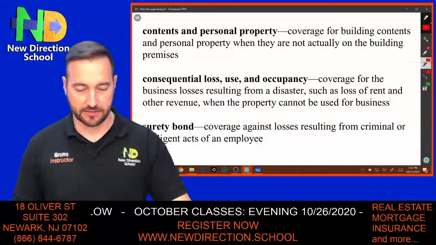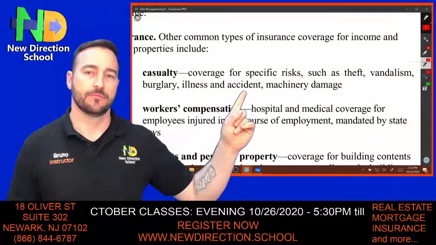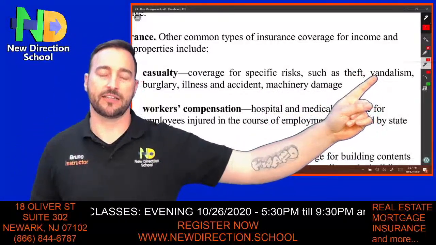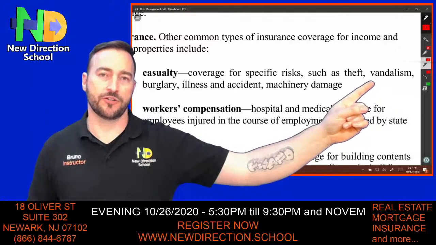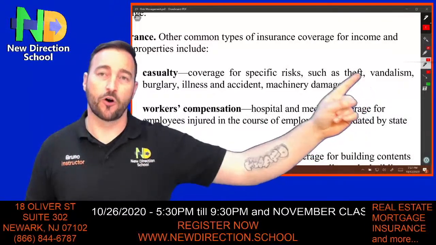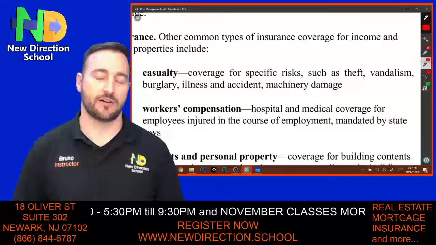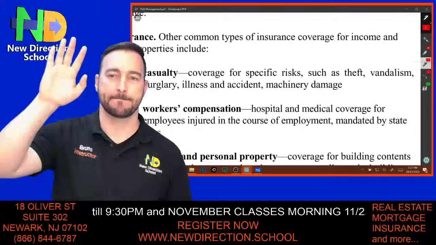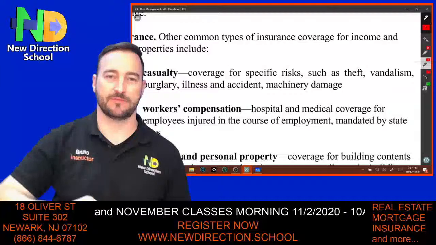For instance, let me go back to this. Casualty. Did you guys know that if a tenant leaves and destroys the apartment, you can put in a vandalism claim? Because that's what it is. So your homeowner's insurance could cover the repairs of your apartment. How many of you knew this? 1, 2, 3.